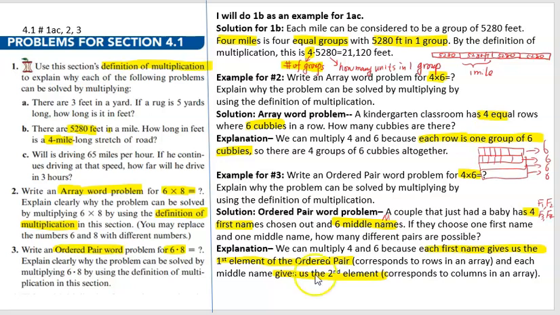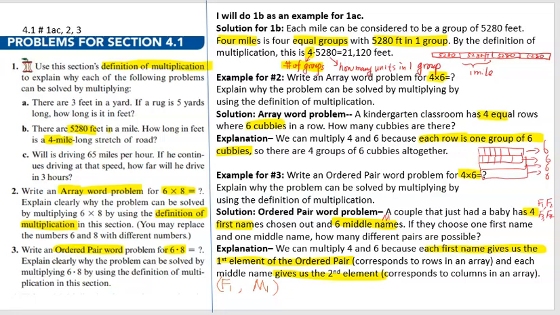Okay, so we pick a first name. I have trouble with the pen. Let's say we pick the first name F1, and then we can pick M1. That makes an ordered pair. So that's what we are saying here.